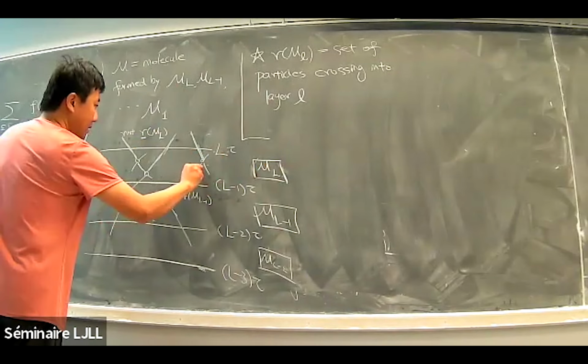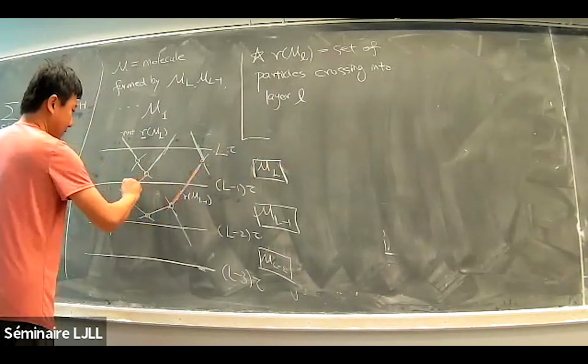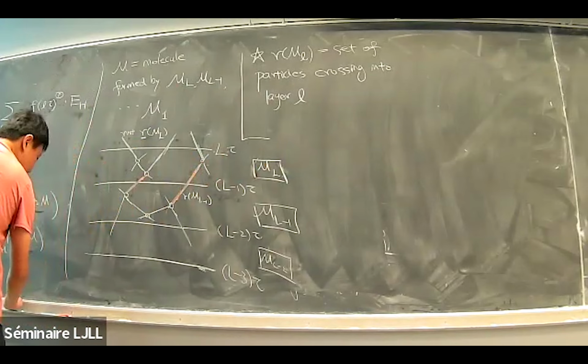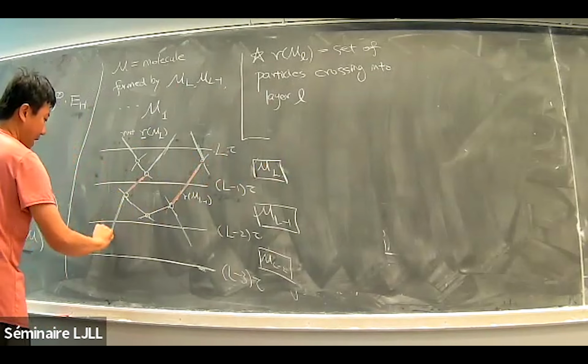This is red, and this is the green, those crossing into layer L-2.